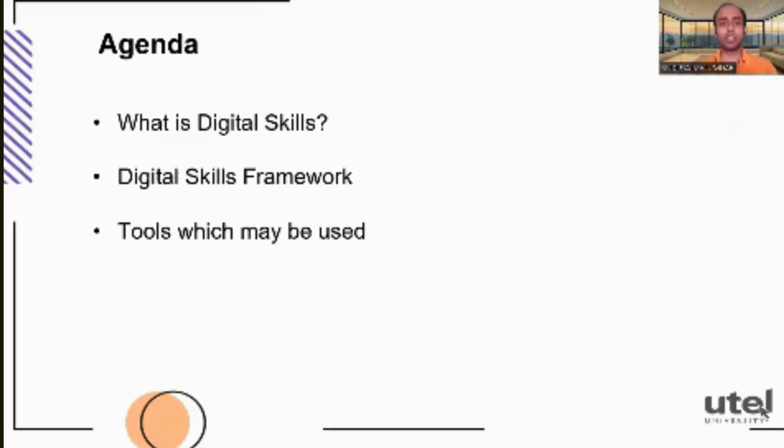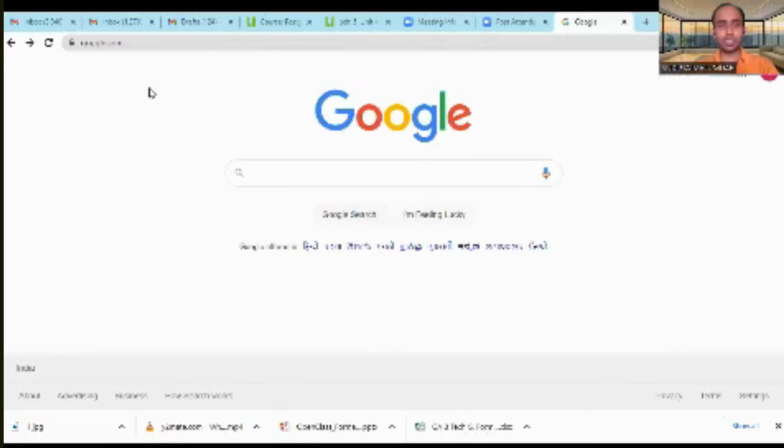There are thousands of tools, but some tools may be used to help achieve the digital skills framework and the objectives. So let me share my browser, and let us go to Google.